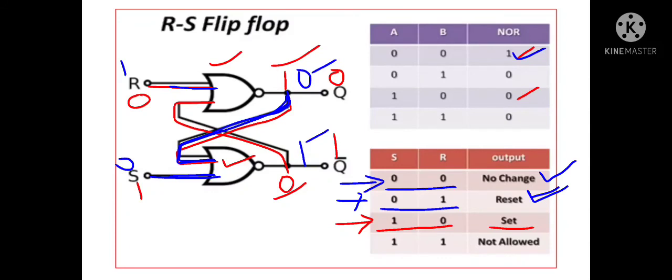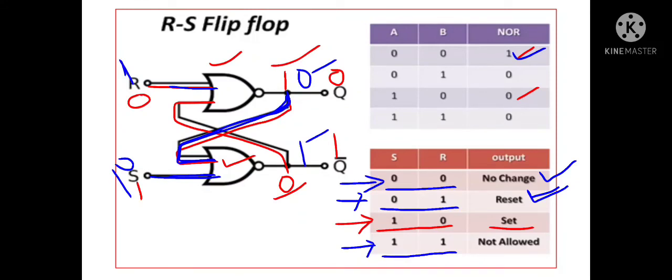And come to the final condition, where we have to apply both S and R as 1. So during this condition we are going to apply this R input as 1 and this S input also as 1.